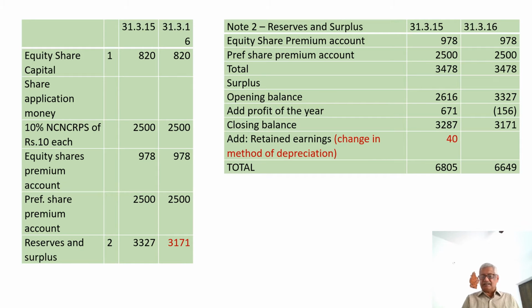We need to ascertain the reasons for the company to incur the losses. Similarly, the retained earnings, which is added on account of change in depreciation, we need to understand from the company the reason why the method of depreciation has been changed.